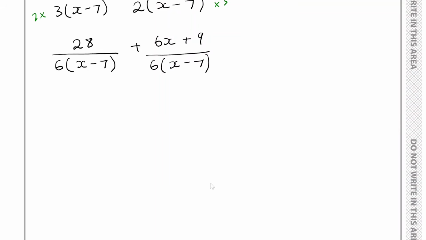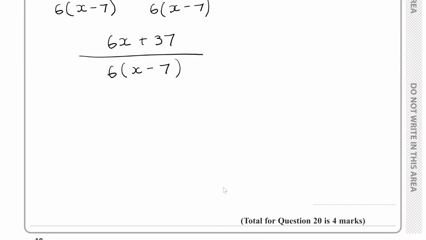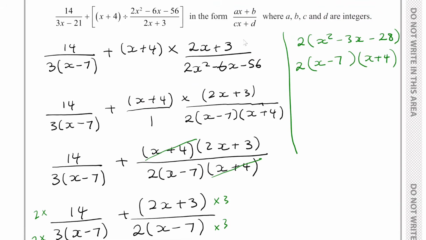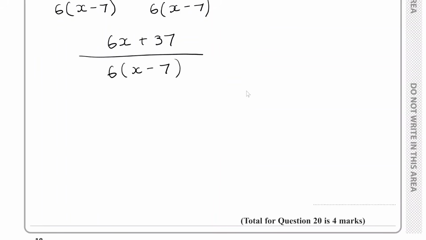So the denominators are the same. We can add the fractions. So we've got 6 times (x minus 7) on the bottom. We've got 6x plus 9 plus 28, which is 37, on the top. And to get it in the form we wanted, all we have to do is expand the bracket. So we've got 6x plus 37 over 6x minus 42.